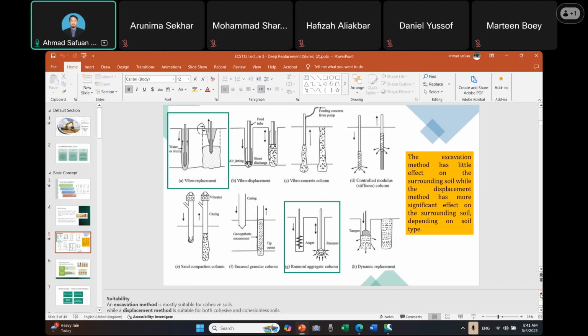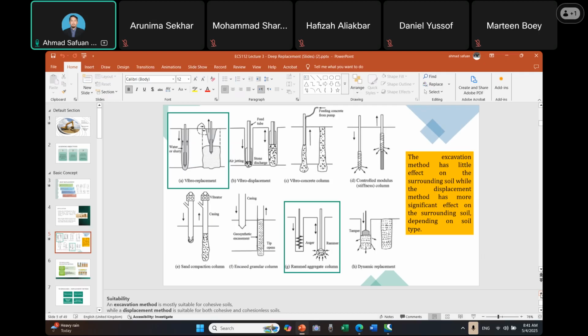The cohesive soil is a sticky material, because it has cohesion within its soil particles, so at least it can reduce the potential to collapse.